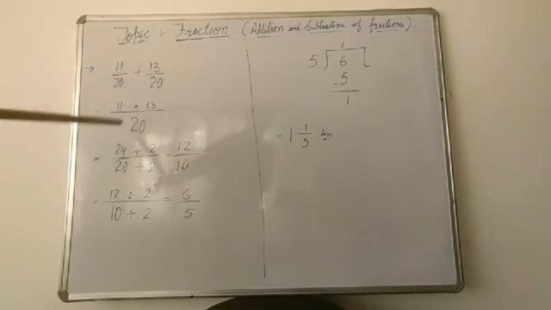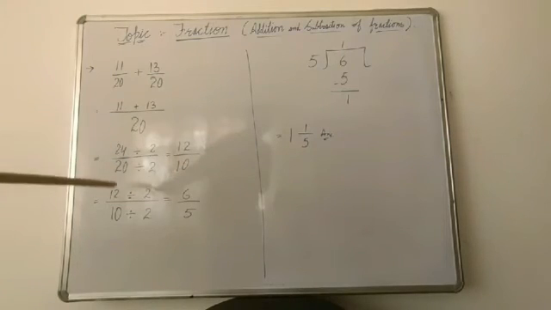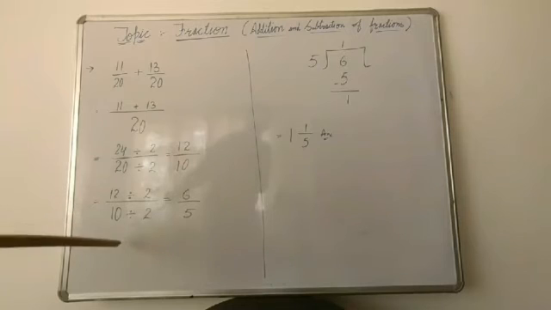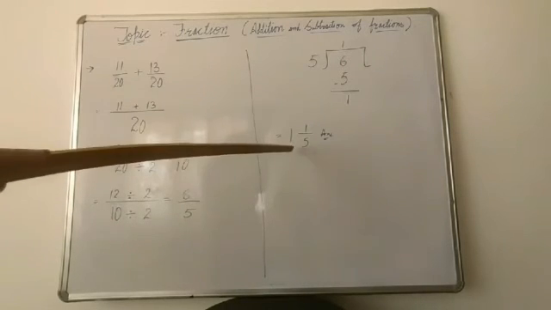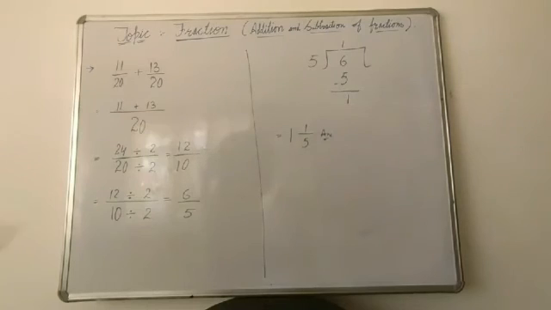After that you get the answer 24 by 20, and you have changed this answer into the simplest form first, then at the end into the mixed fraction. Now I will show you the same thing, but how to subtract two fractions.